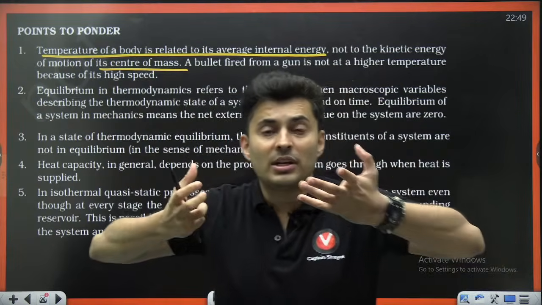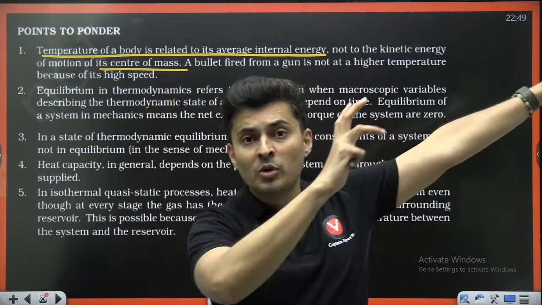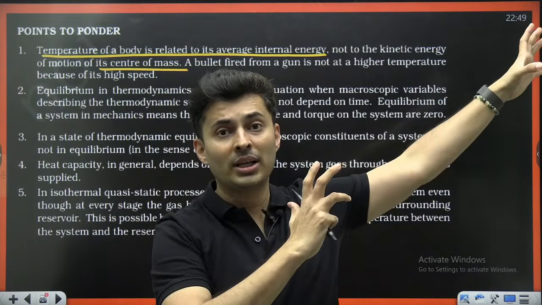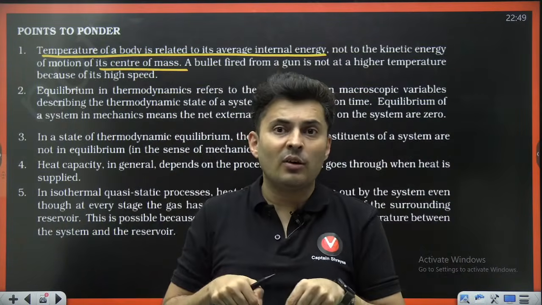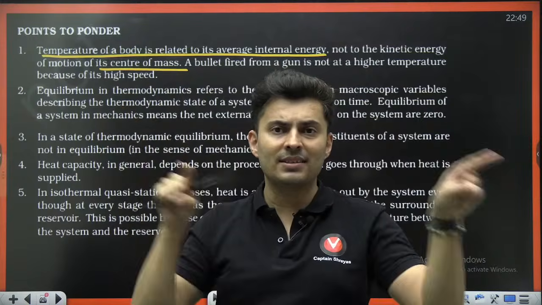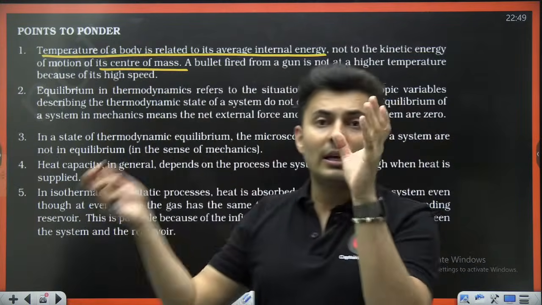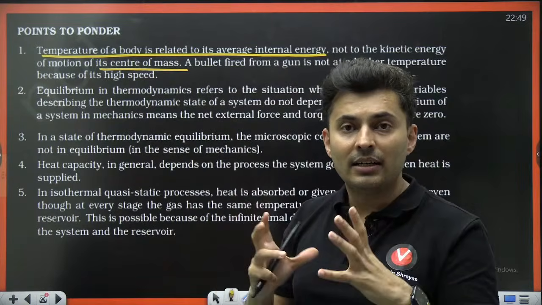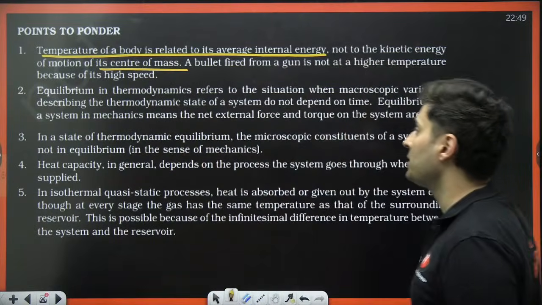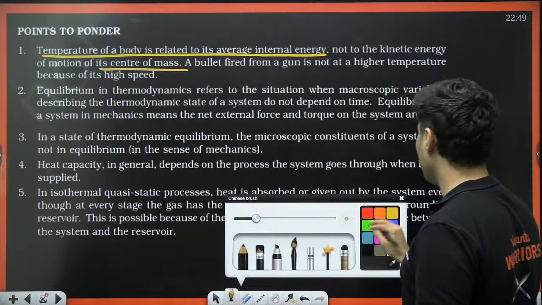Just because the earth is moving does not mean the gas on earth has more energy. If you sit on the center of mass of Earth, the molecules still have the same energy. So temperature does not depend on the outside frame. What matters is how the kinetic energies are with respect to the center of mass. That was one of the points which we saw.